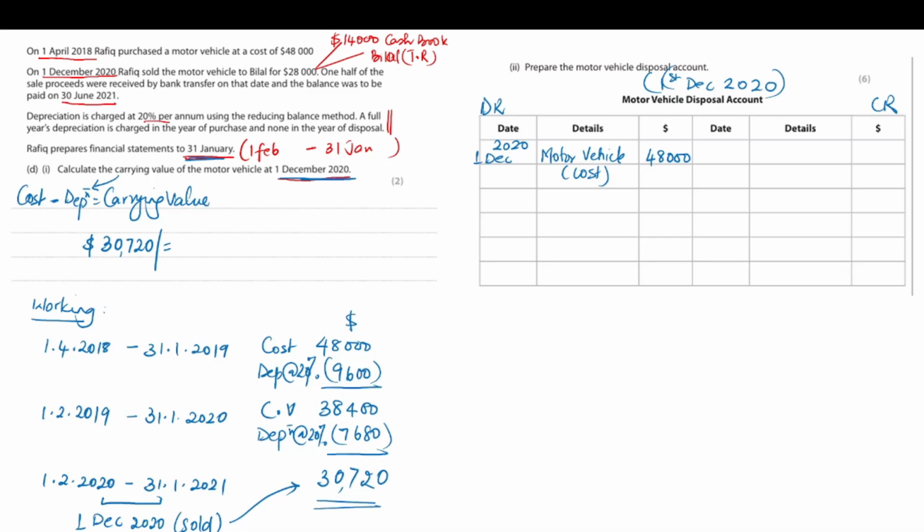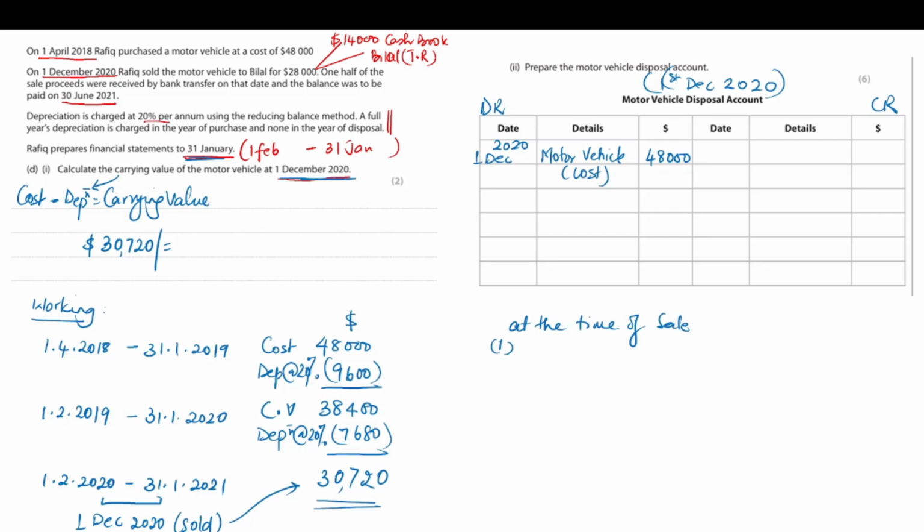And then on this side, if you can understand the journal entries, you can do it according to the journal entry. But if you remember the format, you can do it as per the format. At the time of sale, what do we do? The first journal entry is at the time of sale.